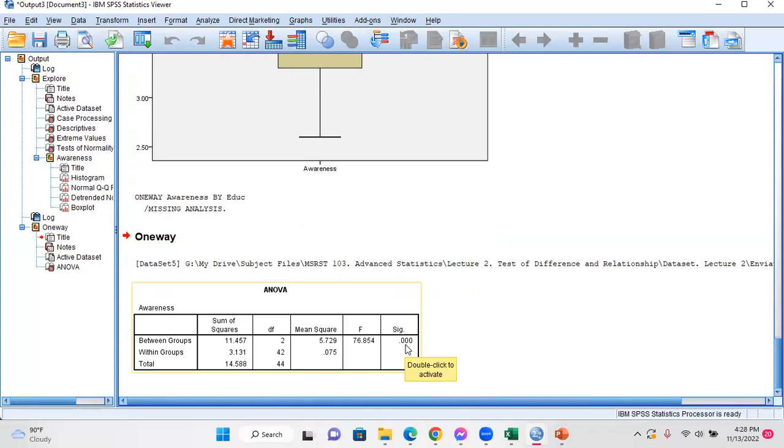So, hindi pa tayo tapos. Kasi ang tanong natin, kasi nga, there is a significant difference. Ang tanong, saan doon? Saan ba sa ang elementary ba? Ang tertiary ba or secondary ba nagkaroon ng significant difference? Kaya tayo magpo-post hoc.